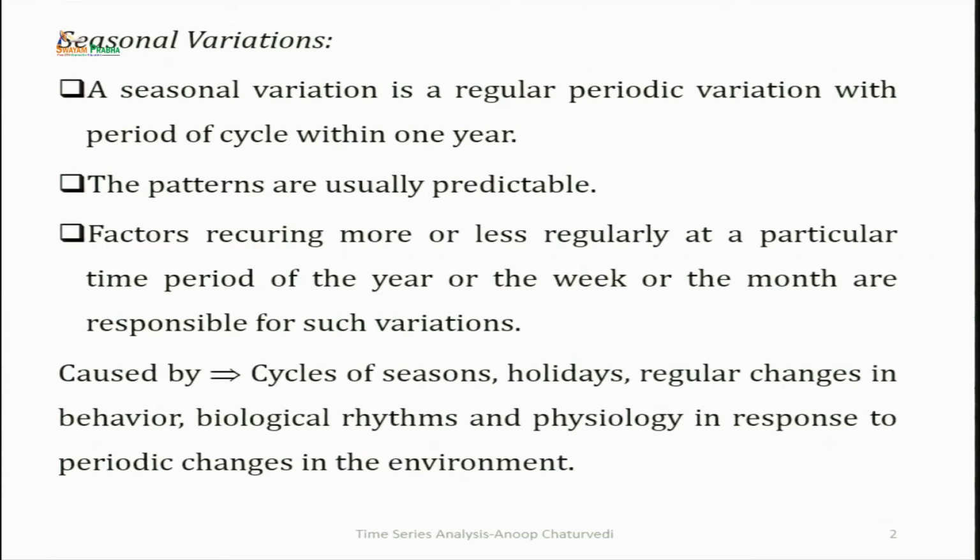We will discuss some examples also for biological. One of the possible reasons may be the biological rhythm and physiology in response to periodic changes in the environment. So, there are several possible factors which may be responsible for seasonal variations.